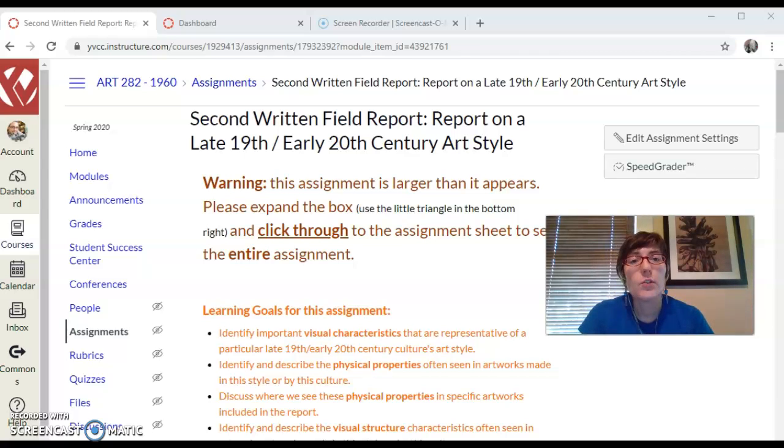When you get into visual structure, you're going to find that some of them have different visual structures, but what you're looking for is what they have in common. So when you look at that set of artworks, you're going to say, okay, these all have asymmetry, right? But the color schemes are very different. Or they all follow a similar color scheme, but some of them are symmetrical, some of them are asymmetrical.